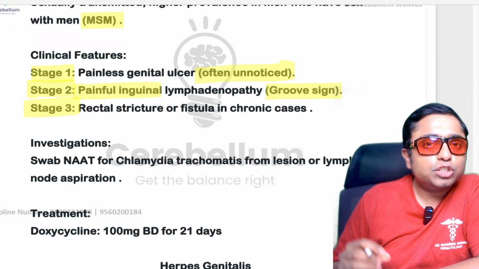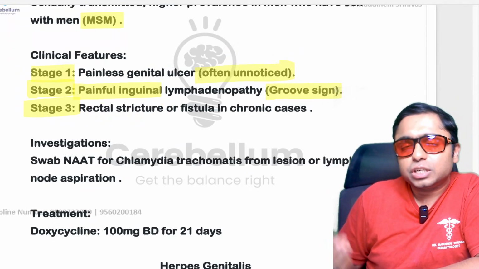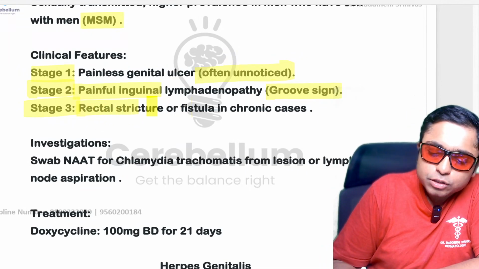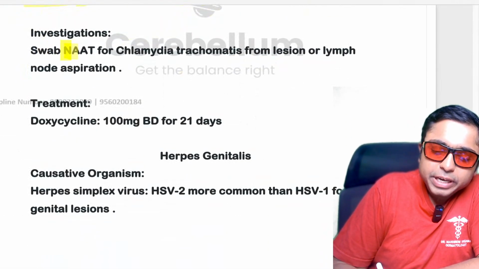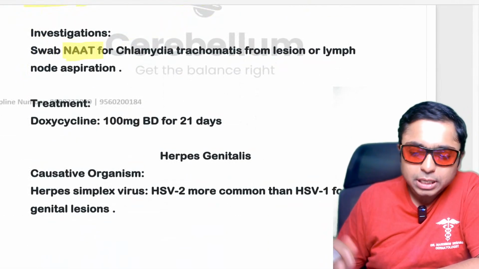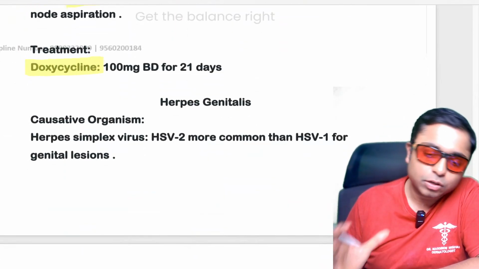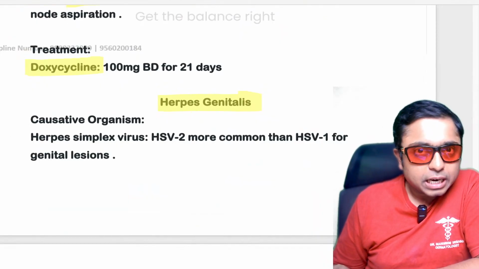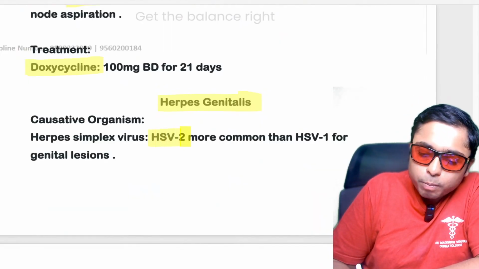Coming to stage 3, because of the destruction of the lymphatics, there are going to be genital deformities, and also there can be rectal stricture or fistula in chronic cases. In investigations, we can do the NAT because chlamydia is an organism, and the treatment is going to be with doxycycline.